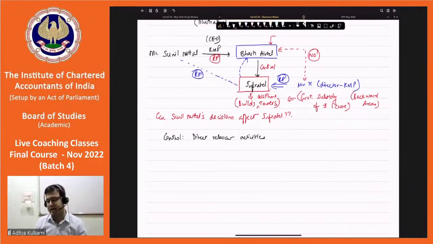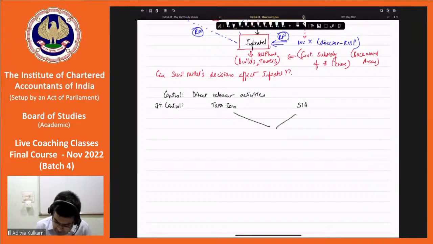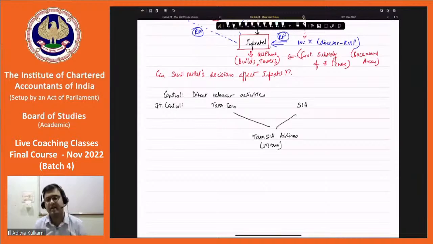We then move on to something known as joint control. Let us take an example. Tata Sons and Singapore Airlines came together to form Tata SIA Airlines, which is basically your Vistara. Now, Tata Sons, I think, holds 51%.